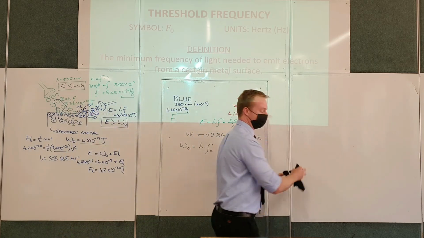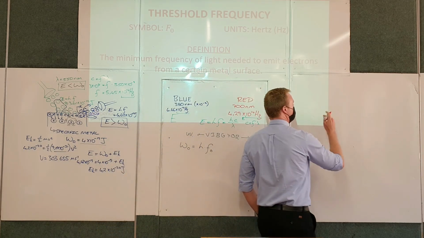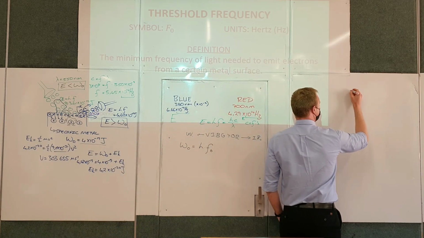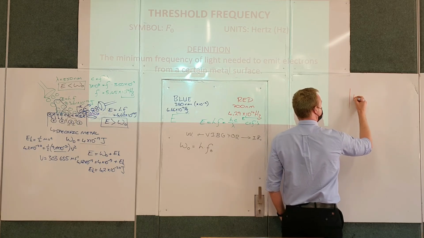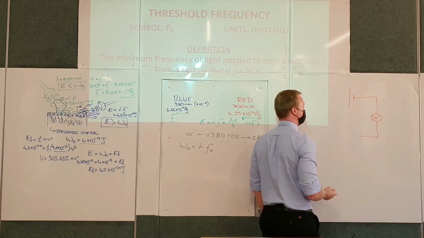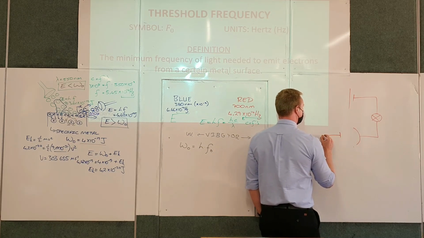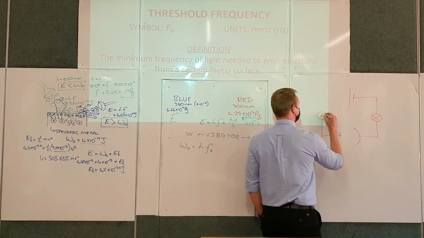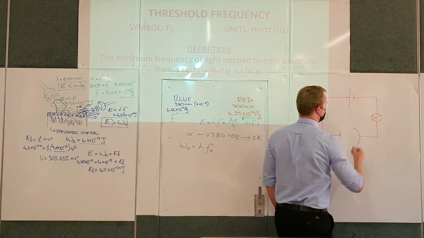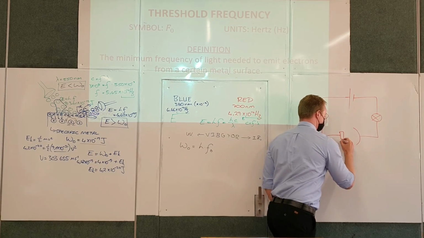The first way where this happens quite often is in some kind of electric circuit. So an electric circuit is one in which you have, for example, a light bulb or an ammeter. And here we have a metal.